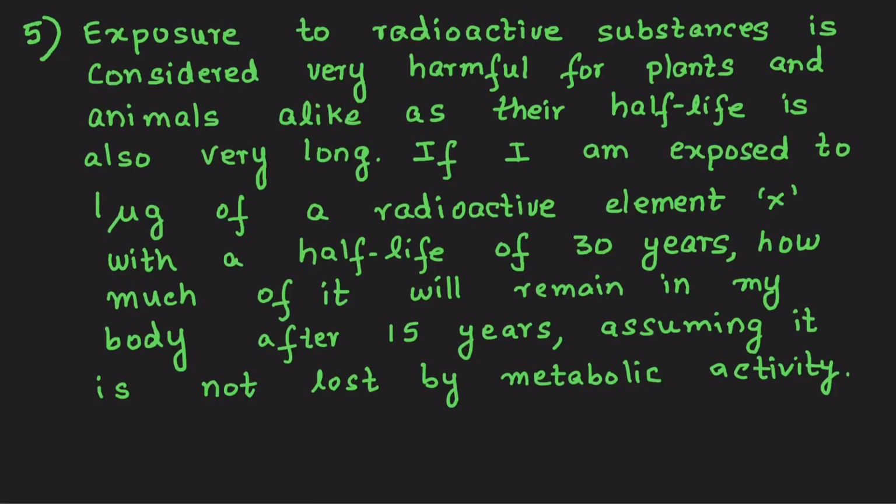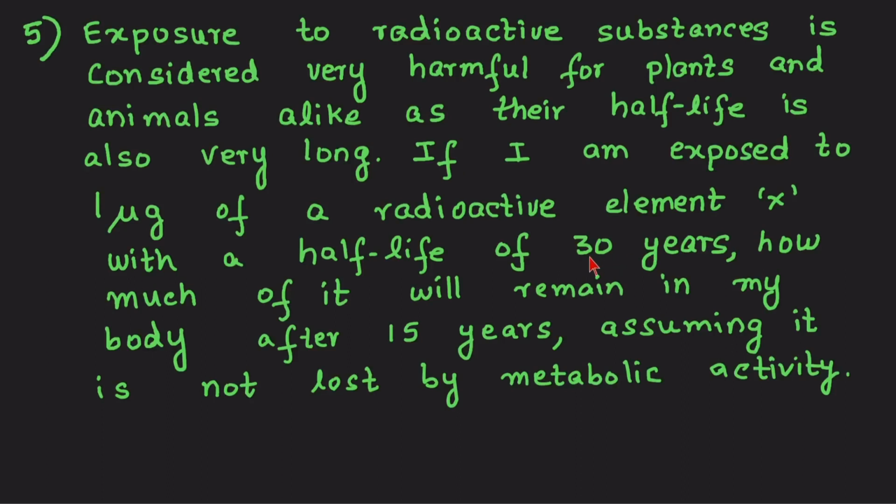Now this one is a little long question but interesting as to where your concept of chemical kinetics is becoming useful. You have to remember that radioactivity, for any substance, is a first order reaction. And radioactive substances have a very long half-life.